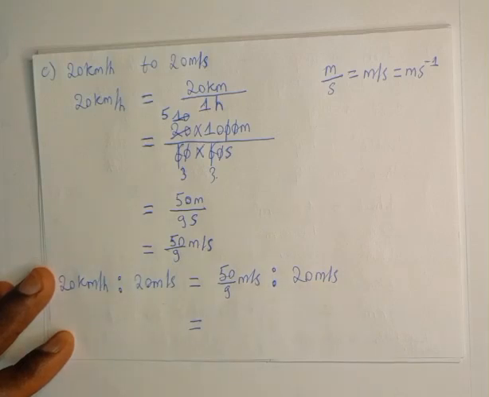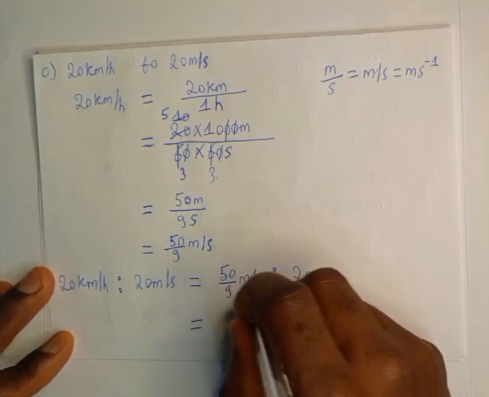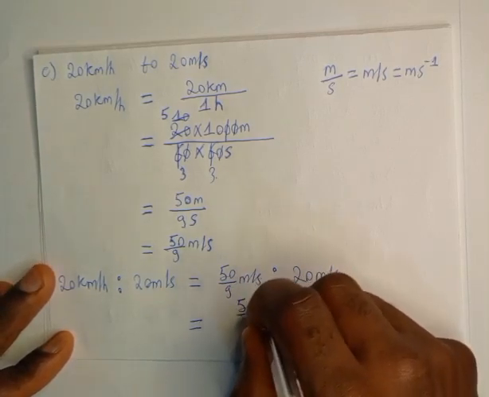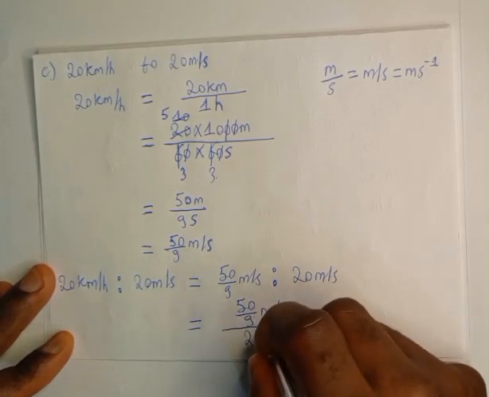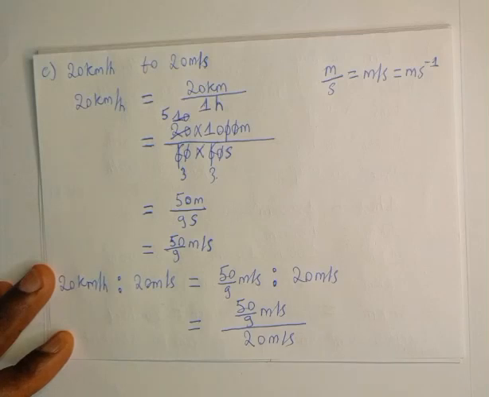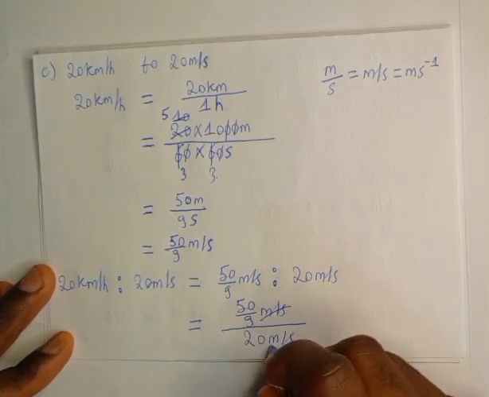This ratio has two components with the same units, meters per second. Next, we can express it in the fractional form. This will give us 50 all over 9 meters per second all over 20 meters per second. The units will cancel, the meters per second.